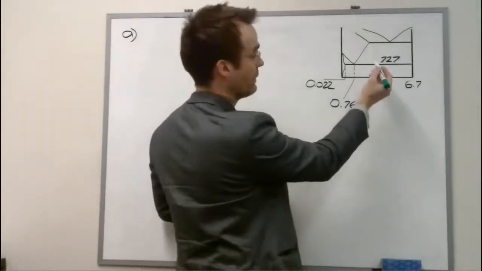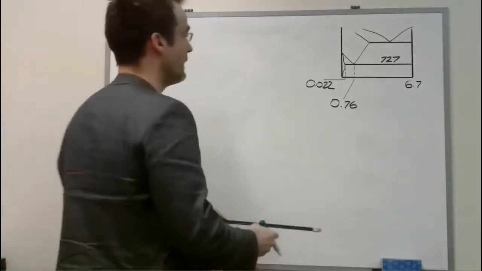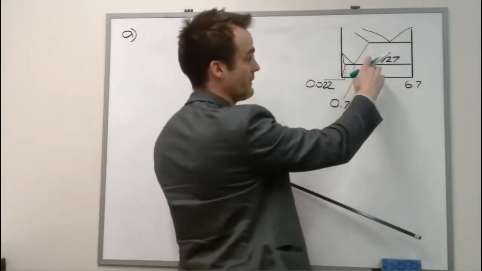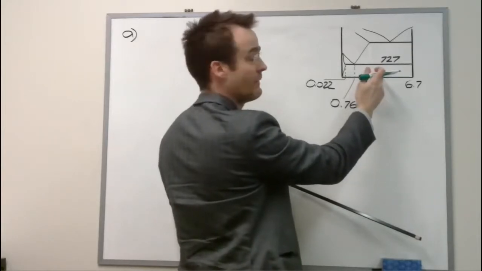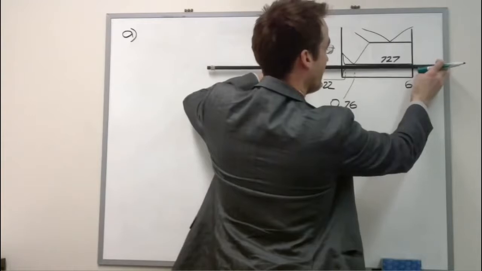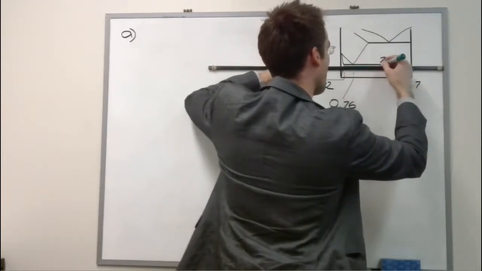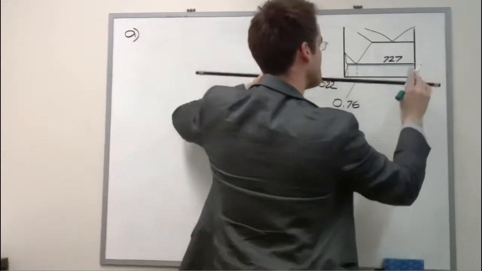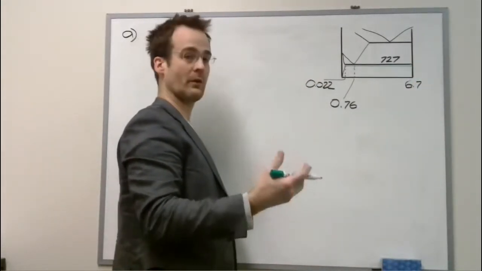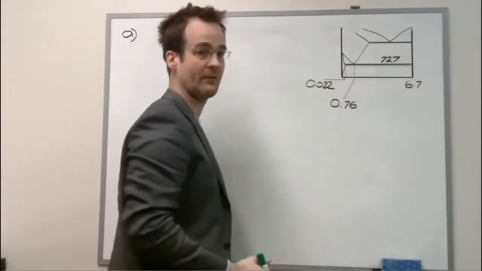So we know we're below 727. And it doesn't tell us the composition yet. But if we're below 727, we're in the two-phase alpha plus cementite region, and we're going to draw our tie line. Again, as soon as we realize we're in the two-phase region, we're going to draw a tie line. It confirms that we've got ferrite and cementite.